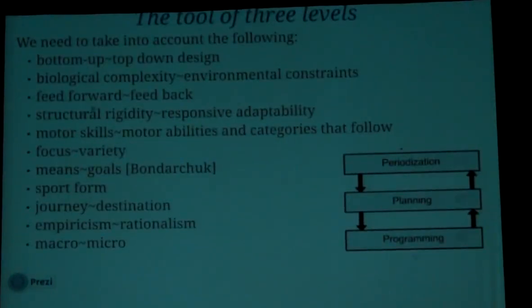The tool of 3 levels is my approach to taking everything I said up till now, bottom-up and top-down design, taking biological complexity and environmental constraints. Sometimes it's not about doing the best practice, it's about doing what you can. And trust me, I know that from team sports.